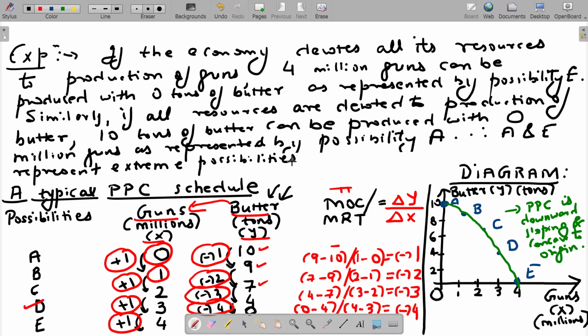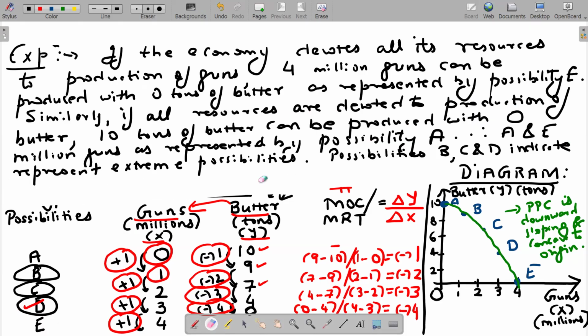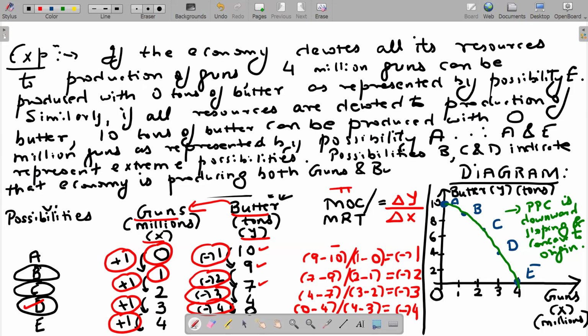Okay, and between these extreme possibilities, I have possibilities B, C, and D, where the economy is producing both guns and butter. So possibilities B, C, and D indicate that the economy is producing both guns and butter.